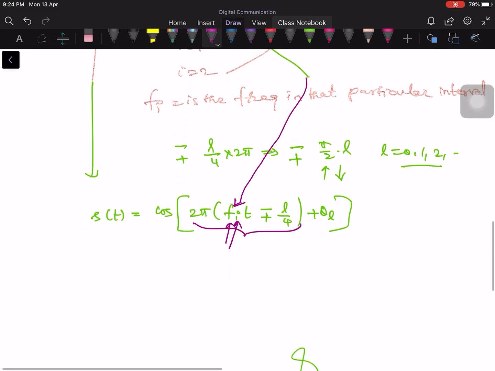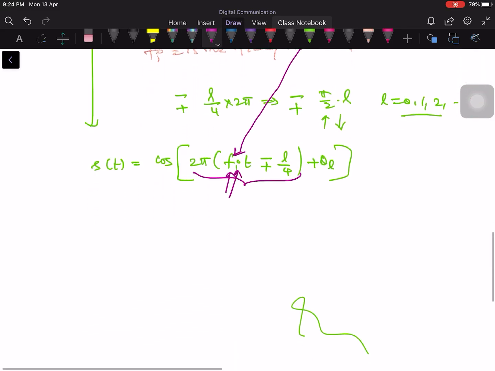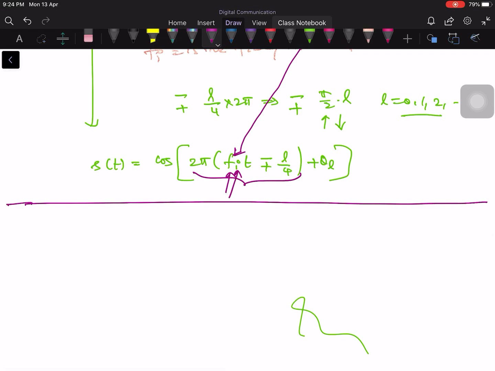Now the second part is, how do we describe this phase change of MSK? There is a systematic way through which we can explain this. The behavior can be expressed in terms of what is called the phase trajectory diagram.